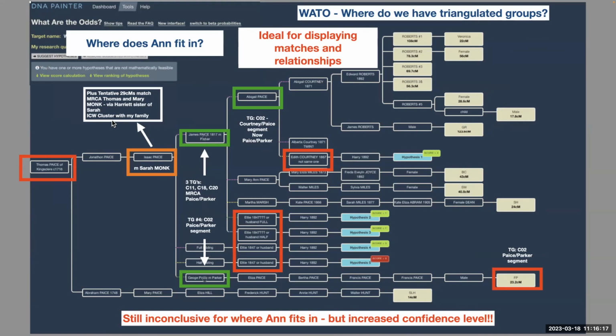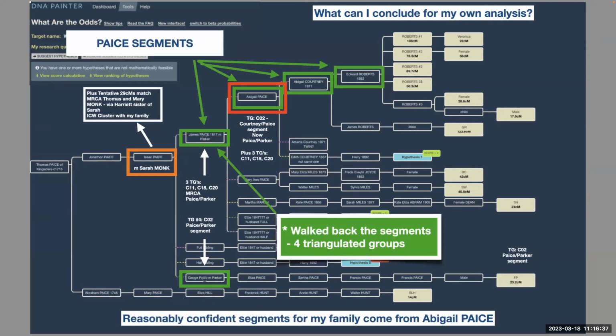So in this particular example, I'm still trying to work out where Anne fits in, but it's not very conclusive for Anne, but it's an increased confidence level because I've got some triangulated groups. So it's the additional evidence to the first chart that I had, which just had the ancestry matches in, or the total centimorgan matches in.